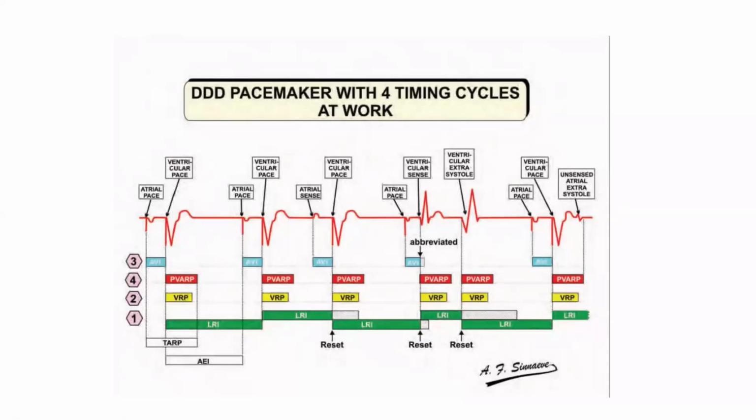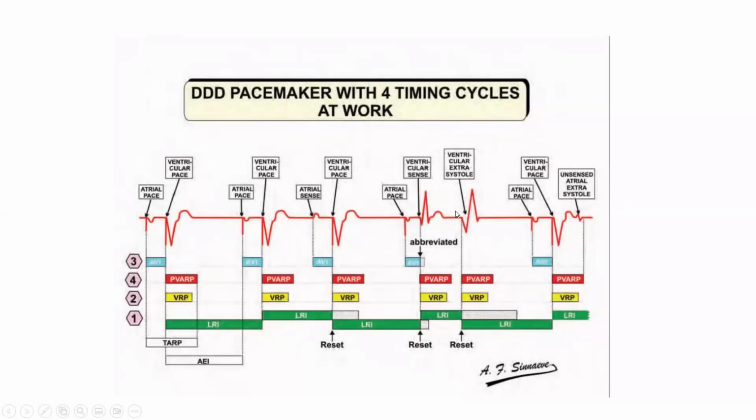We can know what a PVC is, but for the pacemaker, it's just a ventricular event following a ventricular event with no atrial event between. For the pacemaker, this is a PVC. And you need to remember that if you find a pacemaker marking many PVCs, you need to make sure they are true PVCs, because sometimes the pacemaker has problems in sensing the P wave and it will mark them as PVCs while they are not PVCs.